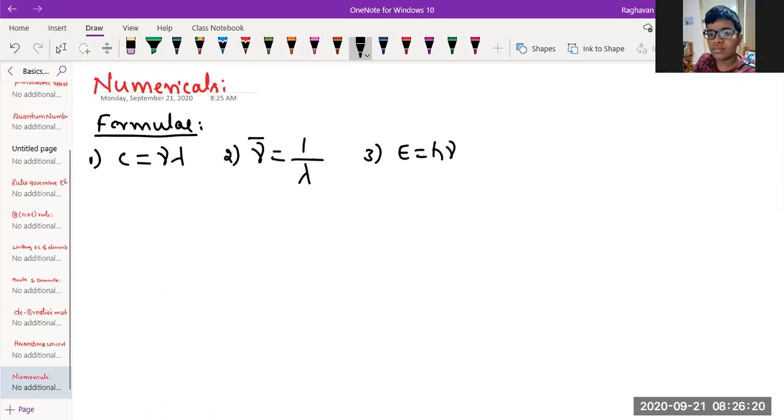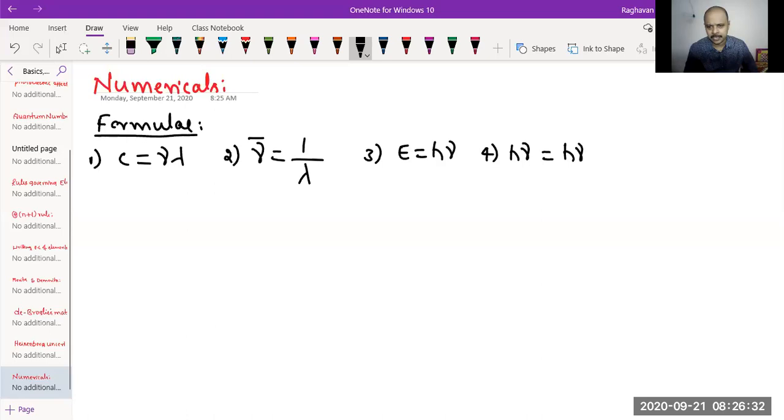Based on the photoelectric effect, the energy of the incident photon h nu is equal to h nu naught plus kinetic energy. h nu naught is also called the work function, W or phi, there are different symbols for that, plus half mv square.